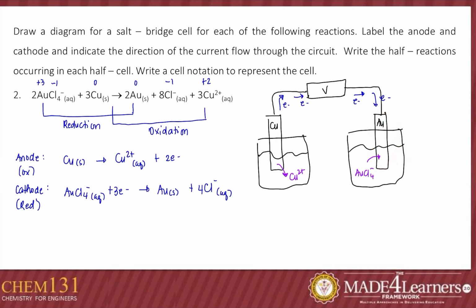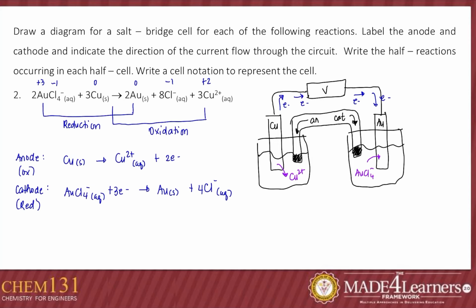Okay, and of course we must not forget that there is a salt bridge here connecting. So you don't have to specify the ionic substance there, you can just write that the cations will go to the cathode and the anions will go to the anode to balance the charge.